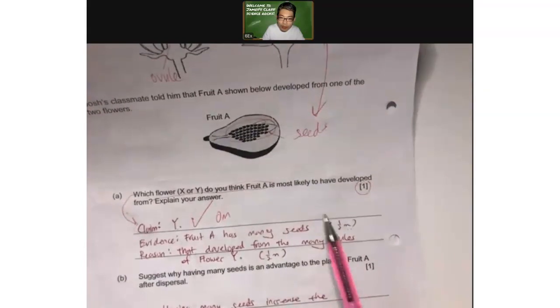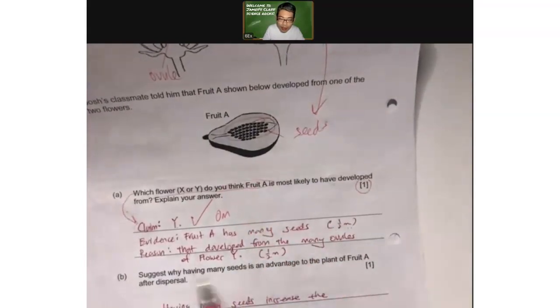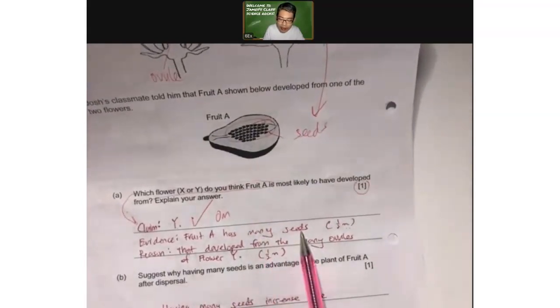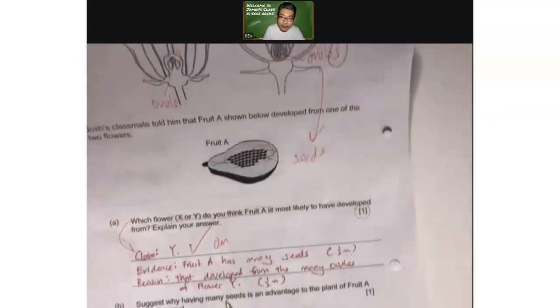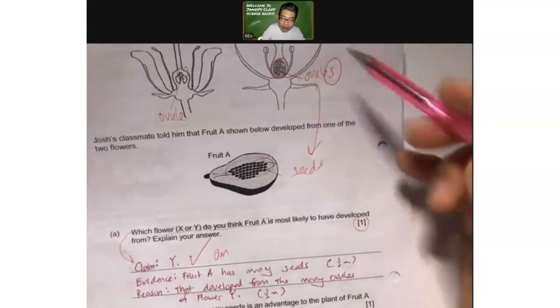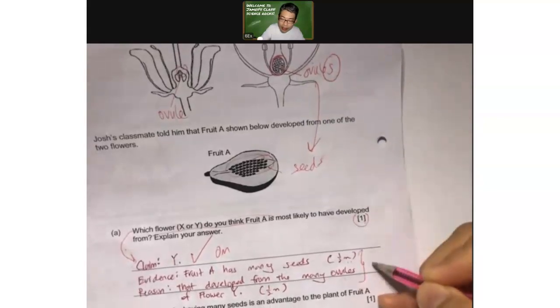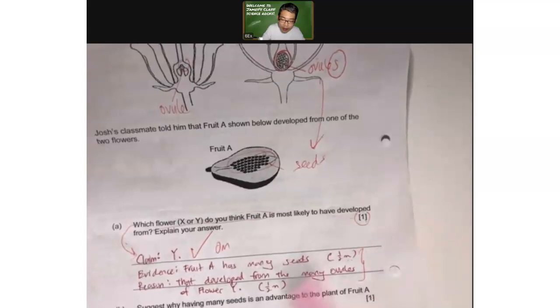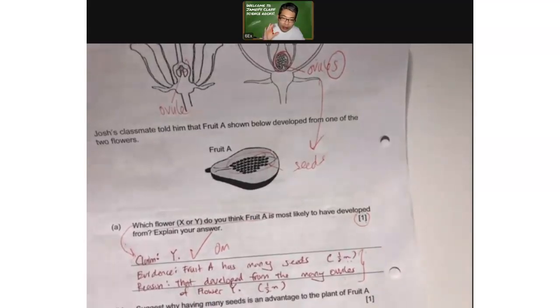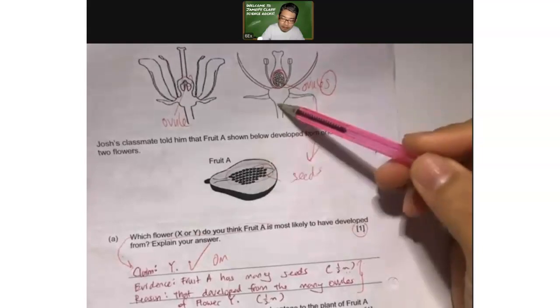And the reasoning is, these many seeds developed from the many ovules of flower Y. You see here? So to get the full 1 mark, you need to give both the evidence and the reason. Evidence is usually your observation from either the graph or diagram, a mix of observation and some comparison. In this case here, you observe this.